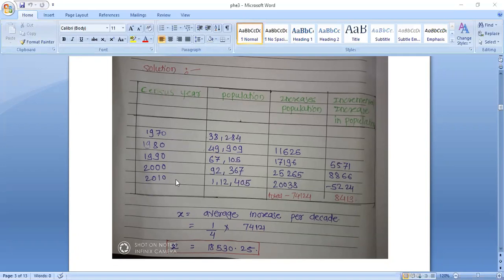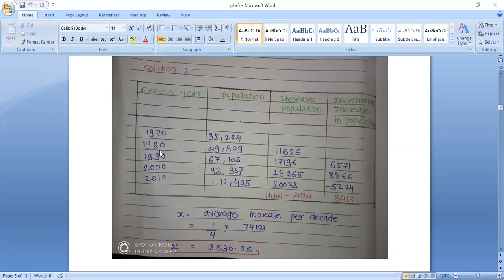Then the increase in population for 1990 is the difference between the population of 1990 minus the population of 1980, that is 67,105 minus 49,909, which is 17,196.